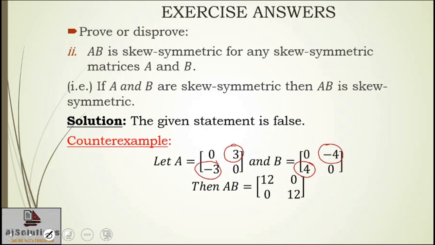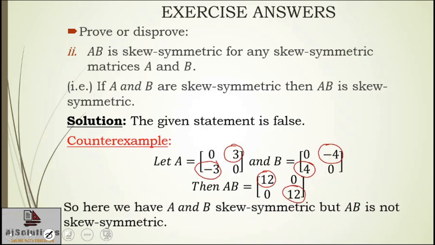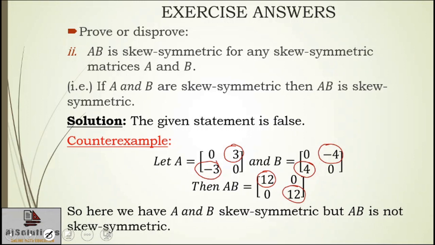So on the diagonal you have a non-zero number, so that matrix cannot be a skew symmetric matrix. It can never be a skew symmetric matrix. Okay, so this AB is not skew symmetric. So what we have is A and B skew symmetric matrices, but the product AB is not skew symmetric. That disproves the given statement.